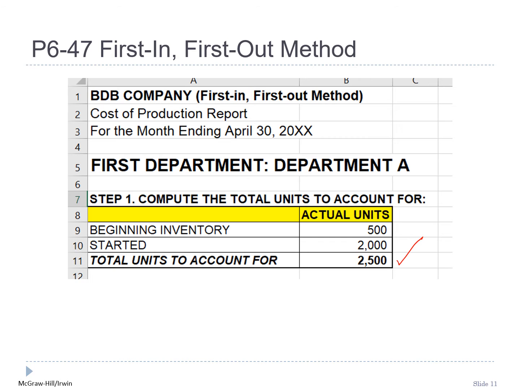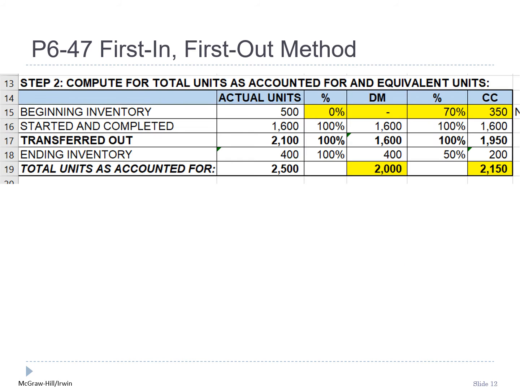We also compute the EUP in step 2. So this is step 2. Our beginning inventory is 500. Given in the problem, the transferred out is 2,100. So if 2,100 is the transferred out, or completed units in Department A, and in step 1 the total units to account for is 2,500, then of course they are always the same.